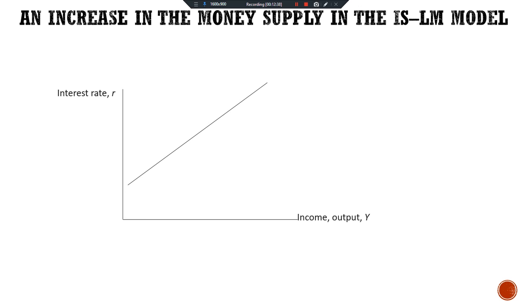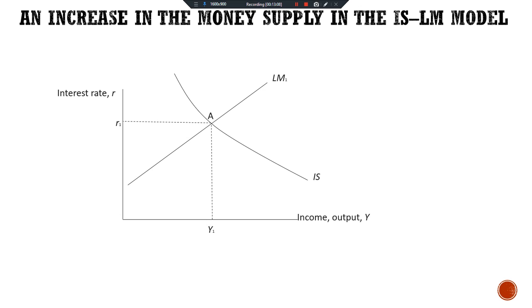An increase in the money supply in the IS-LM model: we have income output Y on the x-axis, interest rate R on the y-axis, an upward sloping LM curve, and a downward sloping IS curve. The intersection of the IS and LM curves decides the equilibrium income, and the economy is at equilibrium at point A. At point A we have interest rate R1.